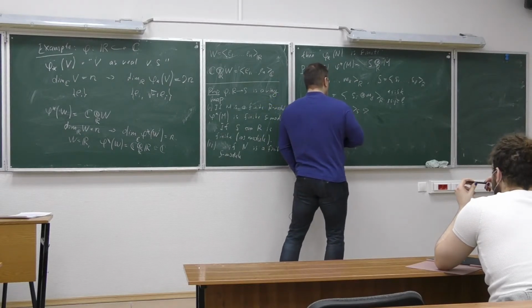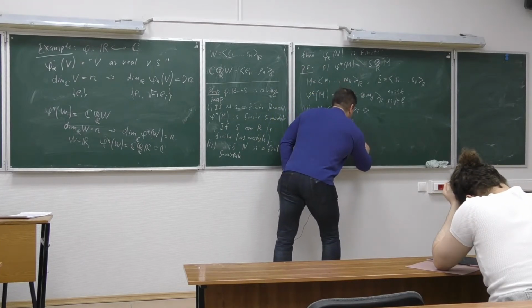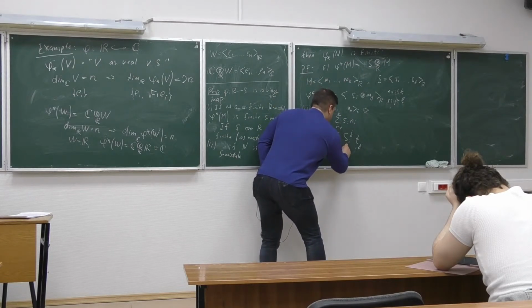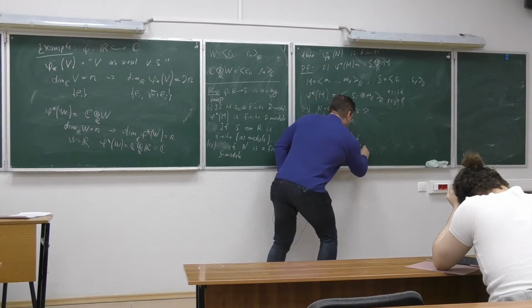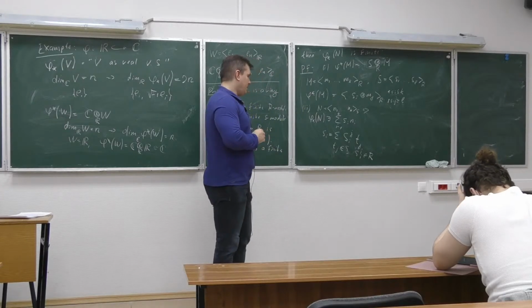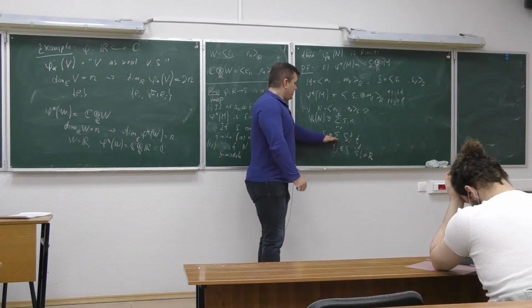Maybe I already used s_i, so let's call the generators something like t_j. So these t_j are in S, and the matrix elements are in R. If I can write it like this, then this will be a finite sum.